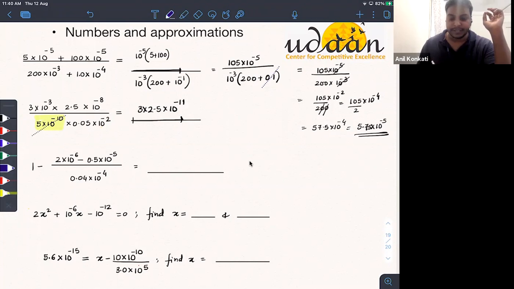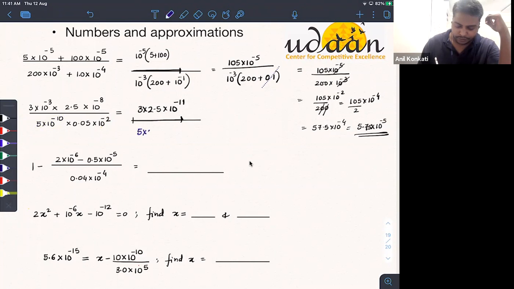But this is not an addition. Look carefully, is there any addition below? No. When there is not an addition, you cannot ignore. You cannot ignore in multiplication or division. So now what will I write? 5 into 0.05 into 10 raised to power of, I'll write this as 10 raised to power of minus 10 and minus 2, which makes it minus 12.